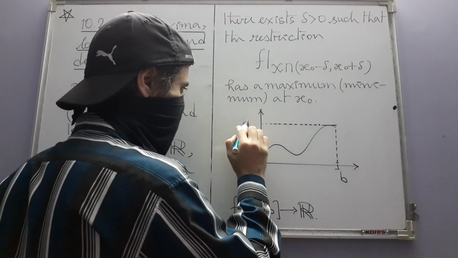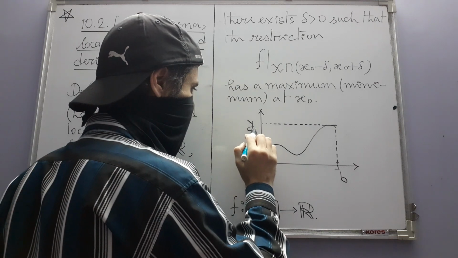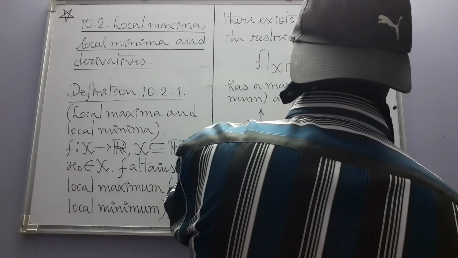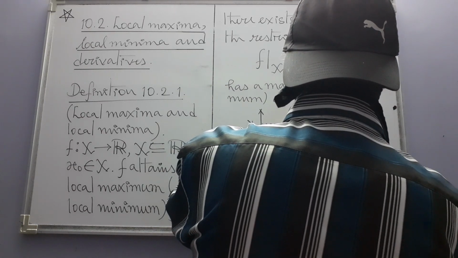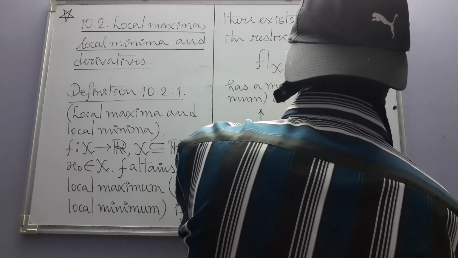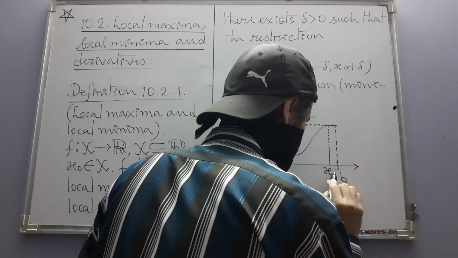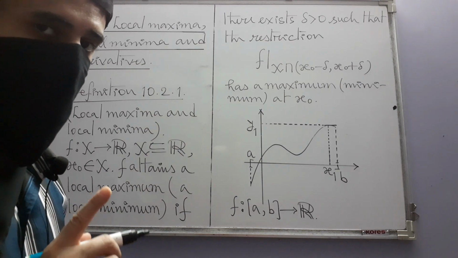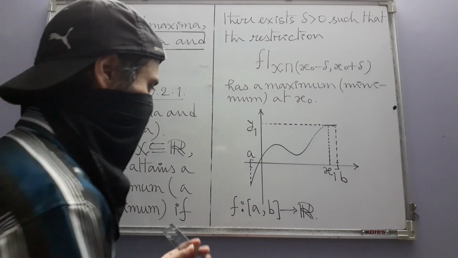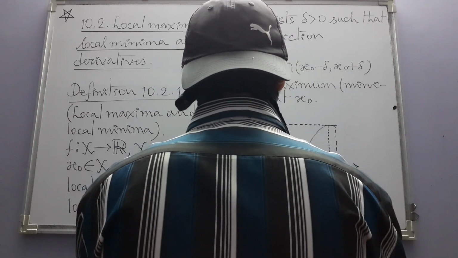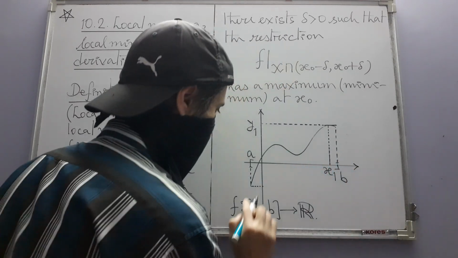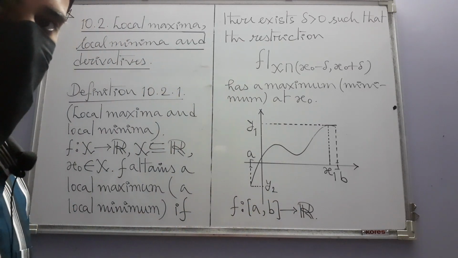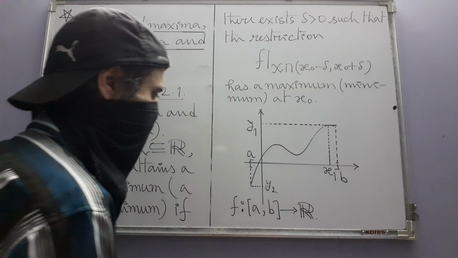Okay, so that value is, say, y1 suppose, and that value is attained at this point x1, and the function also has a minimum value, an ordinary minimum, which is this value, say y2, which according to this diagram is negative.